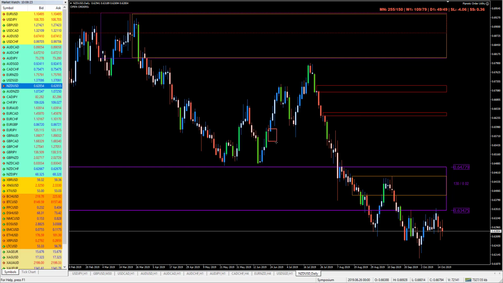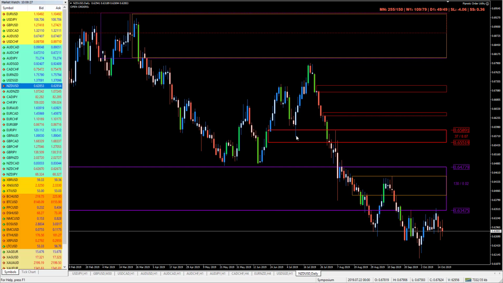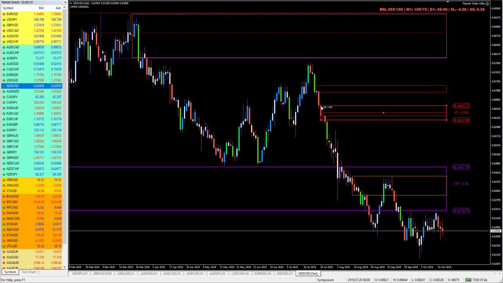We had this one, which was tested. Now it's gone. What area did it? This one. This is the top of the green candle. Go to here. That's a nice one. I would be keen on taking that one. 2 times the size, like that. So I'd be cool about taking that.